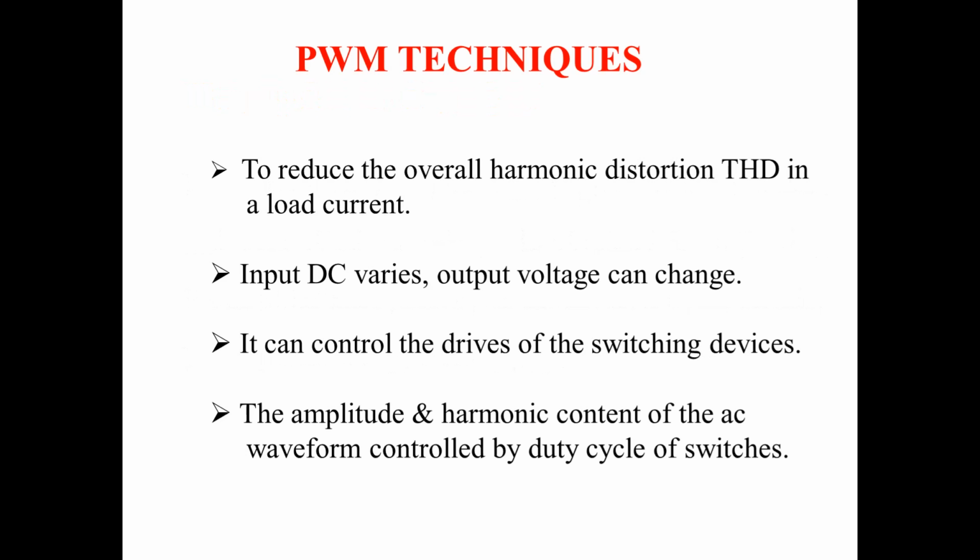The main purpose is to reduce the overall harmonic distortion in the load current. By varying the input DC, the output voltage can also change, and the amplitude and harmonic content of the waveform can be controlled by the duty cycle of the switches.